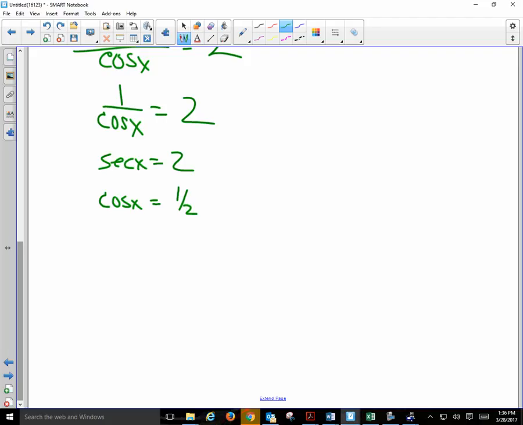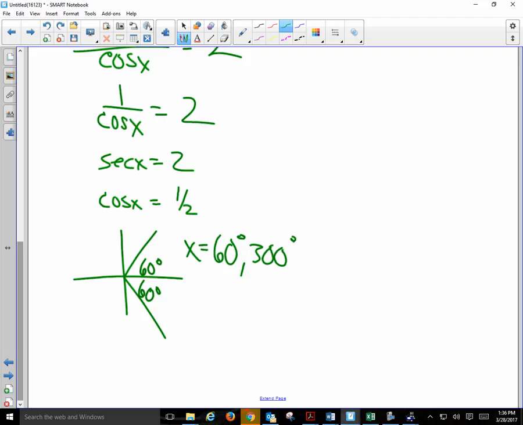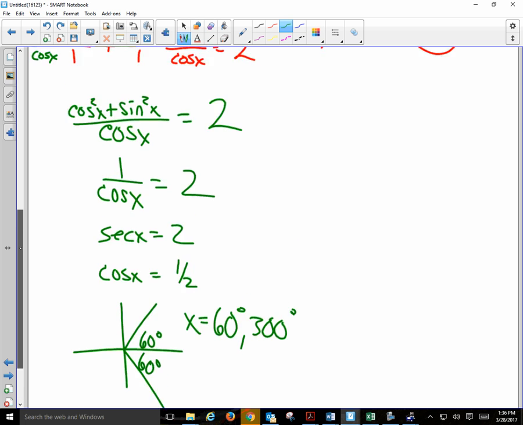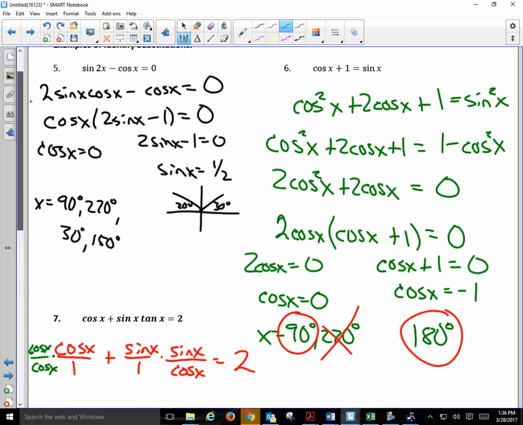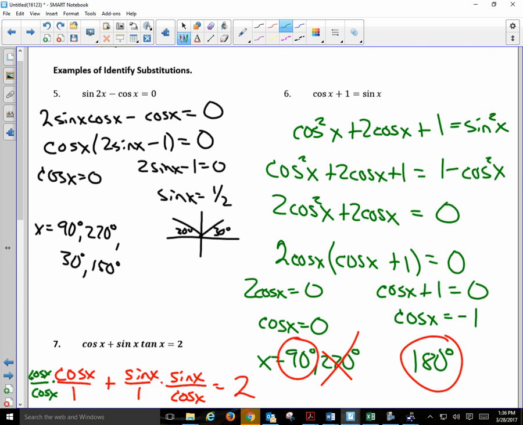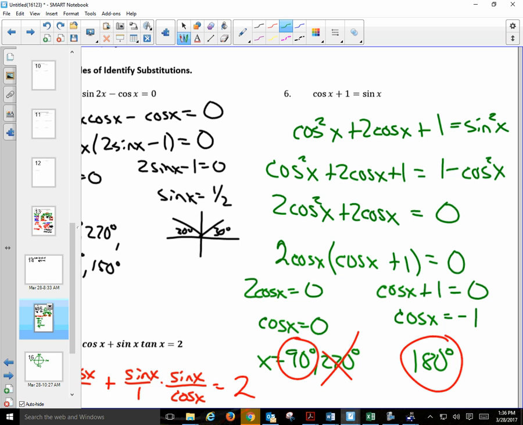So cosine is 1/2. Where is cosine positive? First and fourth. Cosine inverse of 1/2 is 60. Wow, you guys are smart. So x is 60 and 300. That's my solution. Sweet.